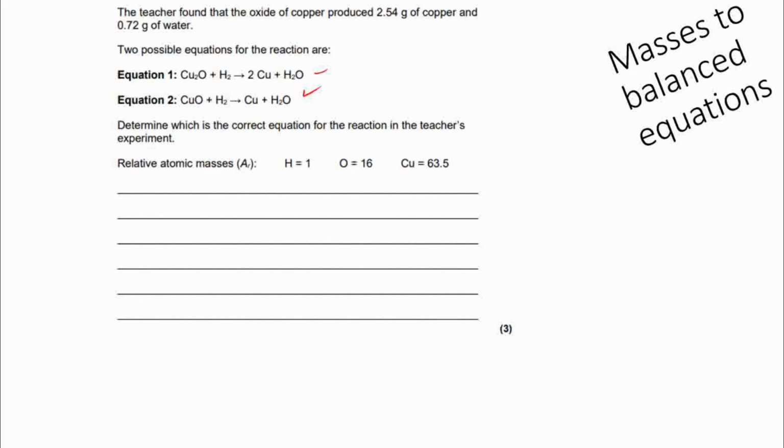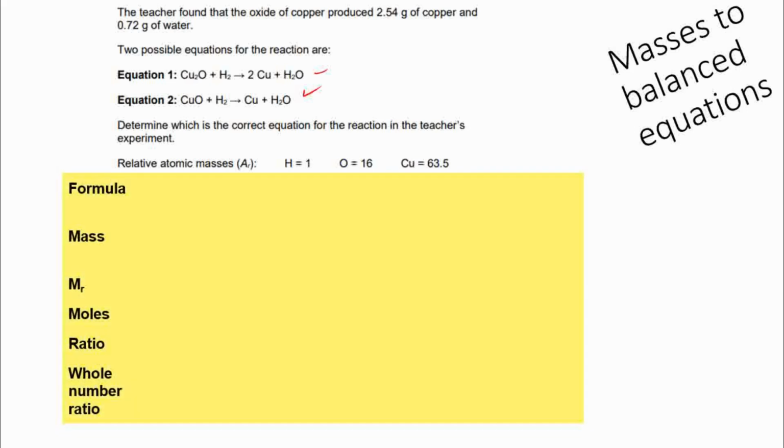So what we do is set up our calculation card, which looks something like that. We look at the formula. We have copper, we also have water. So what are the masses given? For copper I have 2.54 and for water I have 0.72.